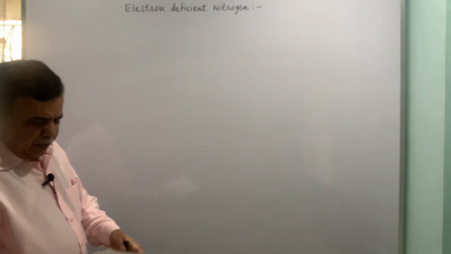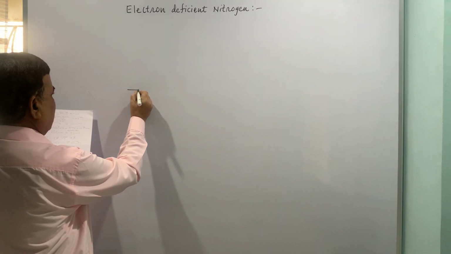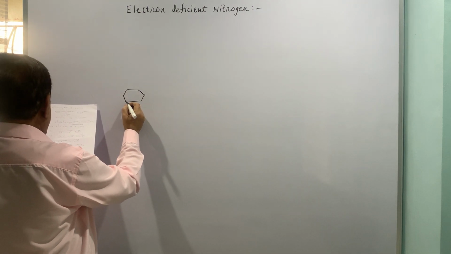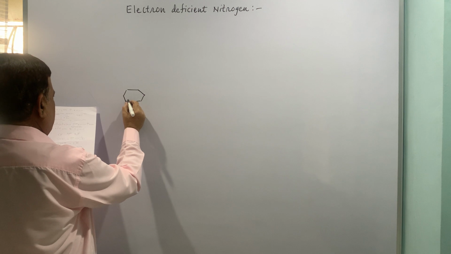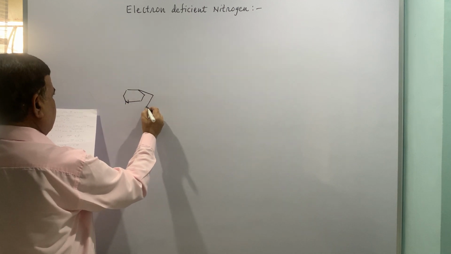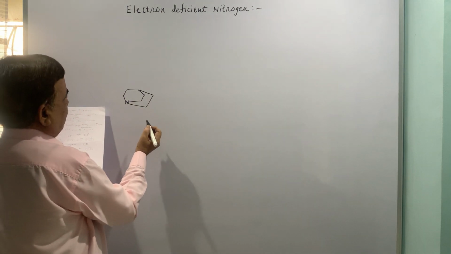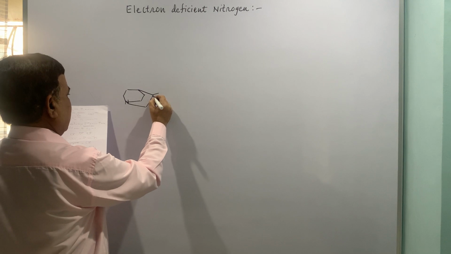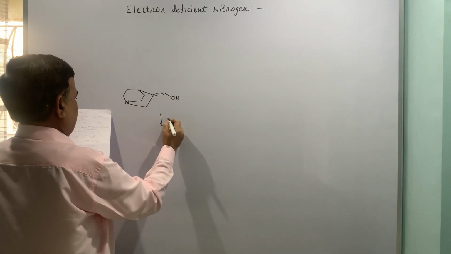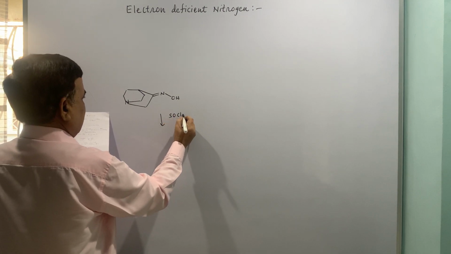One example we have here, this looks different, but let it be, no problem. Nitrogen, one, two, three, four, five, six membered ring, and then let me put a different region.